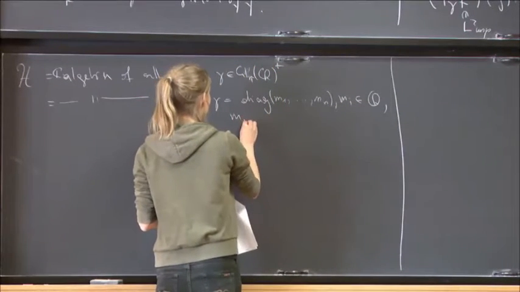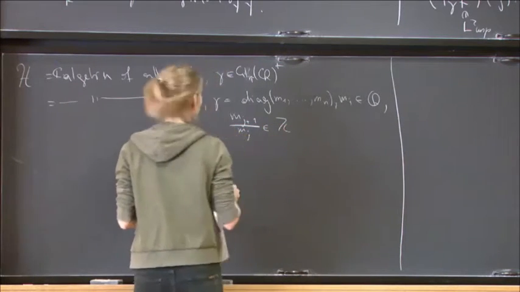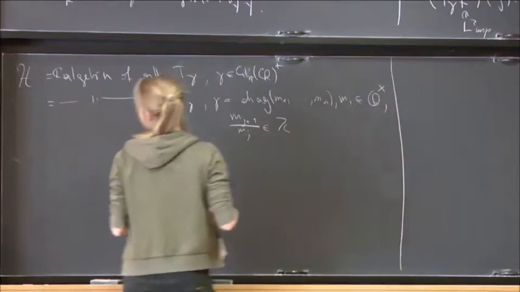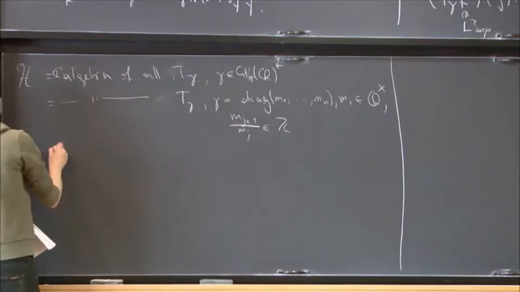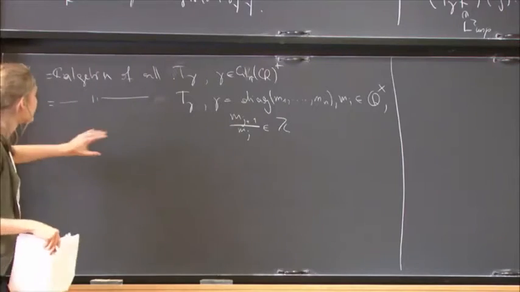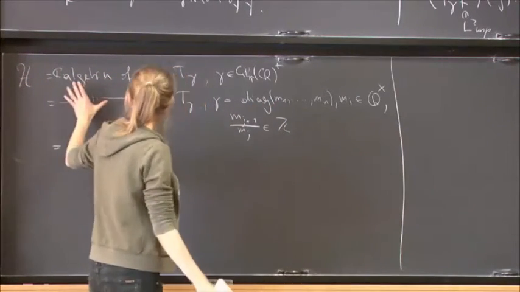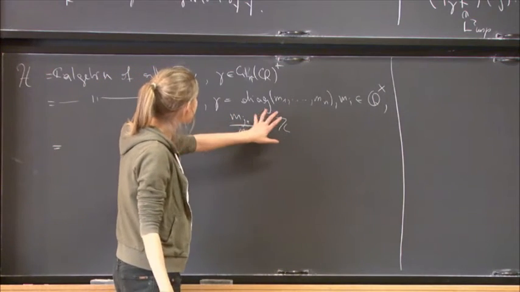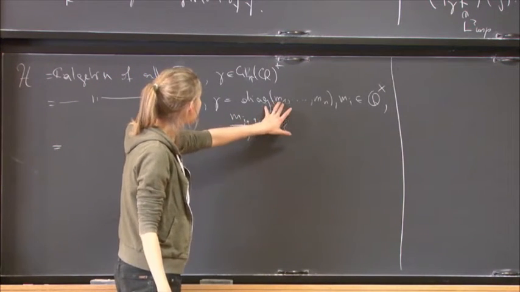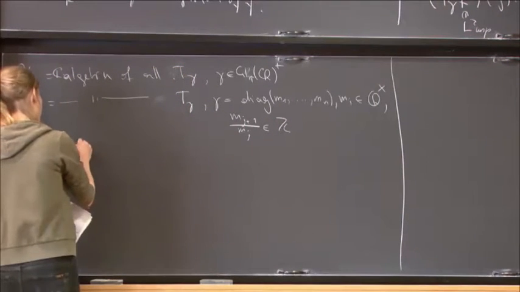Such that the quotients are integers. And it's usually easier to just consider operators where those m_i's are just powers of some fixed prime number, and this is enough in general.